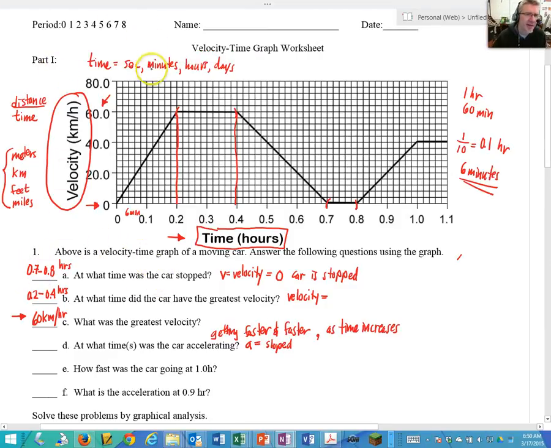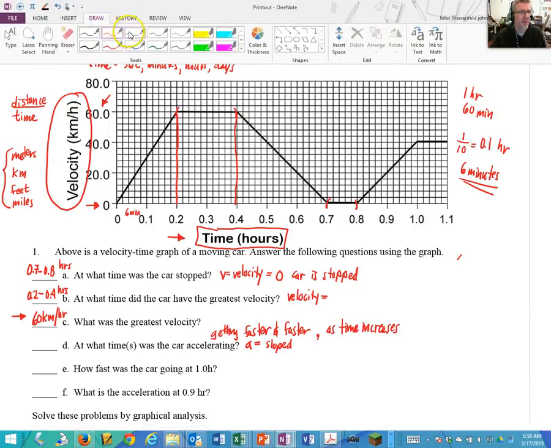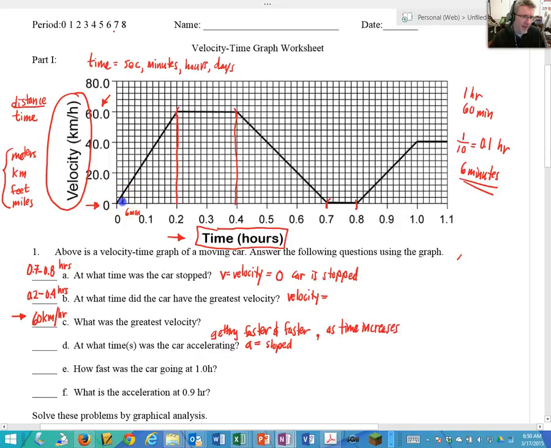So let me get a different color here. I'll get blue. So right here we have a sloped part of the curve, right? That means that as time increases down here, the velocity is increasing. Right here we have a sloped part of the curve. As time increases along this direction on the graph, the velocity decreases. So I know it's confusing. We're talking about directions and motion on a graph, but it's an abstraction for motion in the real world, right?